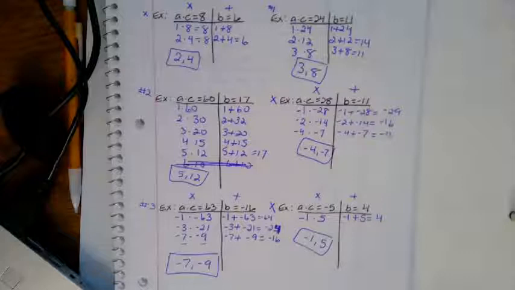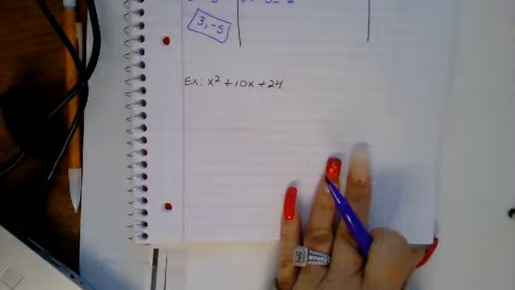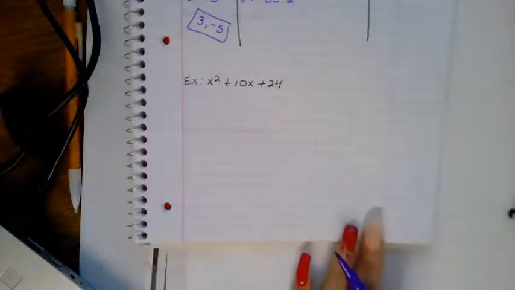So we're going to write down x squared plus 10x plus 24. We're going to go through our steps and see what we got going on here. Write that down, I'll give you a few seconds.